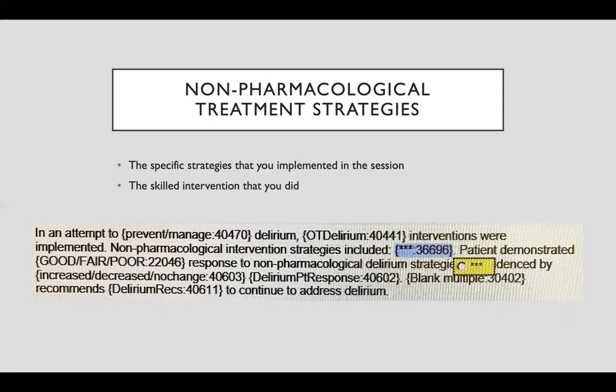So, for example, here you would type, provided reorientation, facilitated simple grooming task, raised head of bed, position fingers into extension with the use of a rolled washcloth, provided simple upper extremity or lower extremity exercises for the patient to perform in bed.